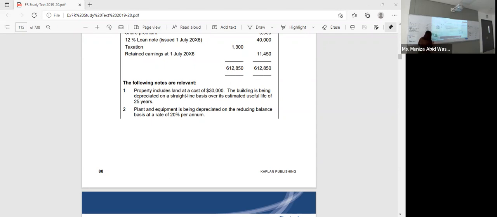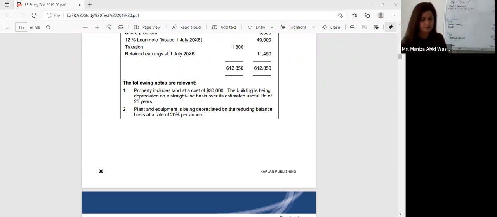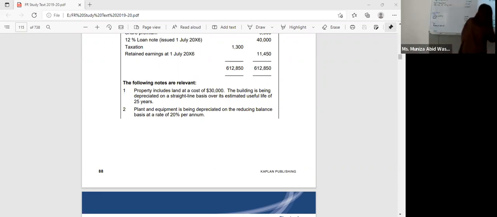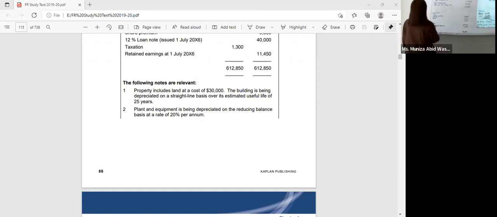127,600. Now on this we are going to calculate the depreciation charge. 127,600. Depreciation charge is 20%. Calculate it. 127,600 multiplied by 20%. 25520. 25520 is the depreciation charge.